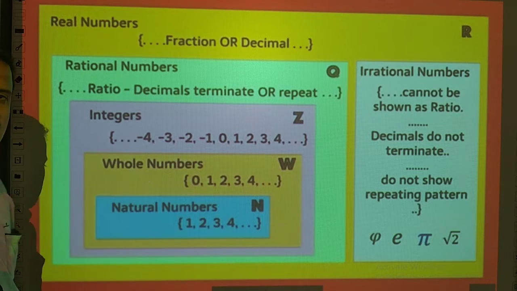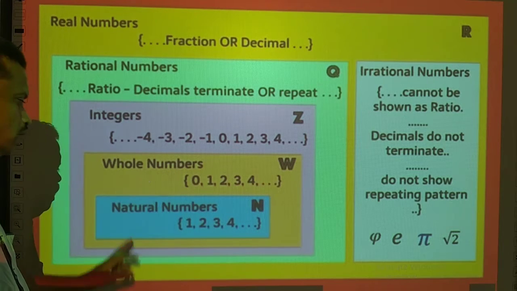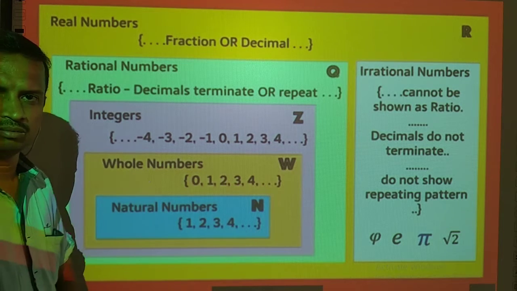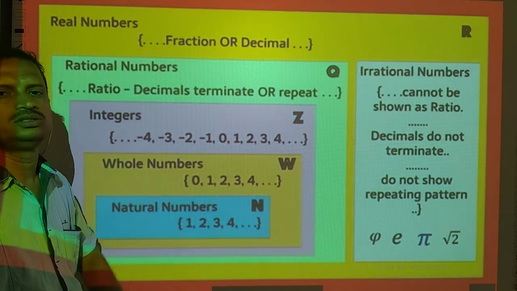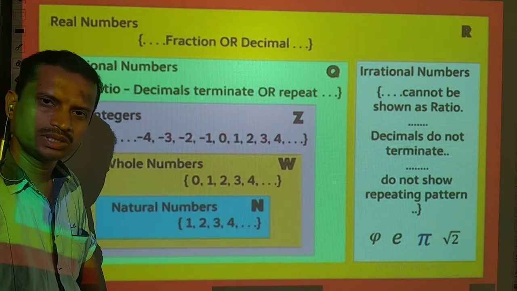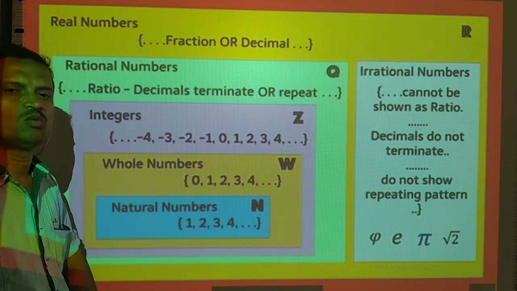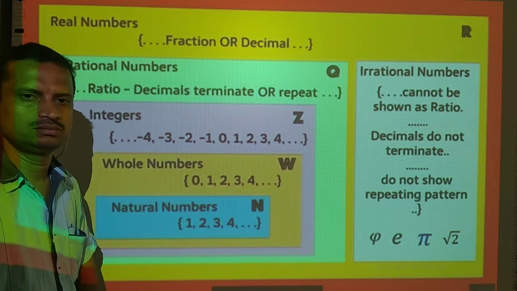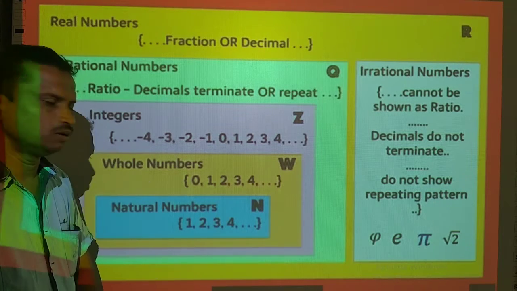Now, just recall what is a natural number. Natural numbers are nothing but counting numbers, and they are denoted by the capital letter N, starting from 1, 2, 3, like that. It goes on. So this is called natural numbers.